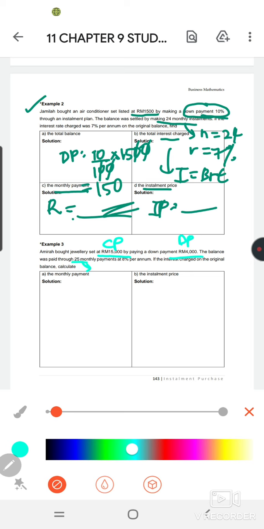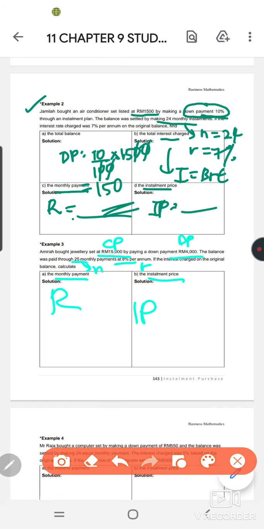So N equals 25, at 8% per annum. Okay, 8%, this is the interest charge. If the interest is charged on the original balance, calculate the monthly payment. So this is the same. We have to calculate the monthly payment R, and the installment price. So you try to solve all these questions.